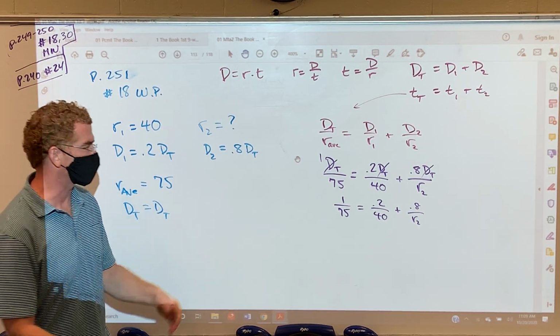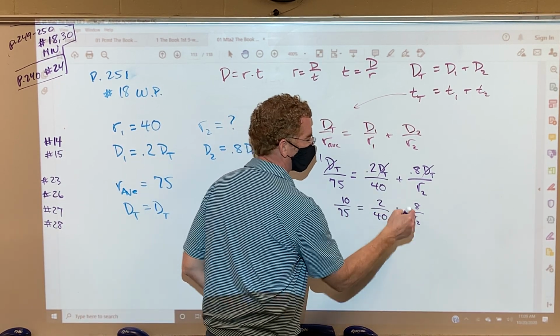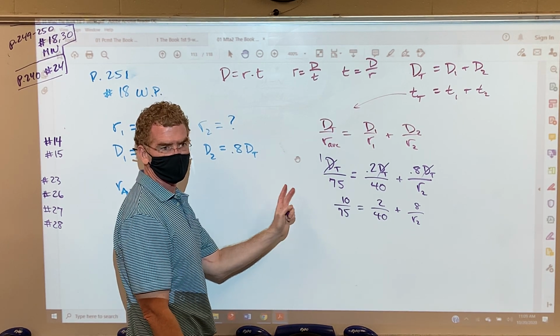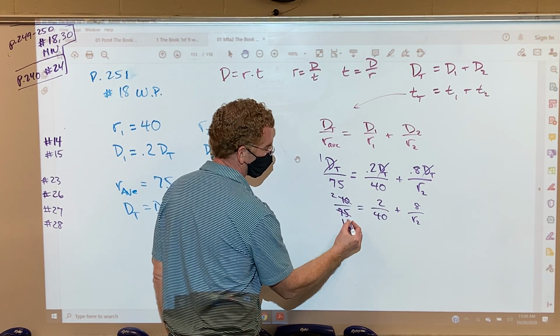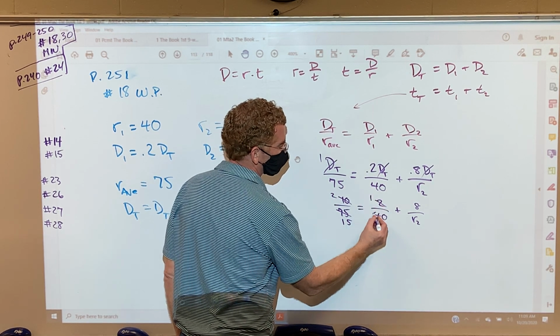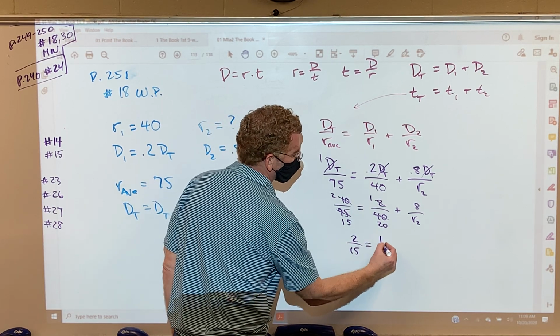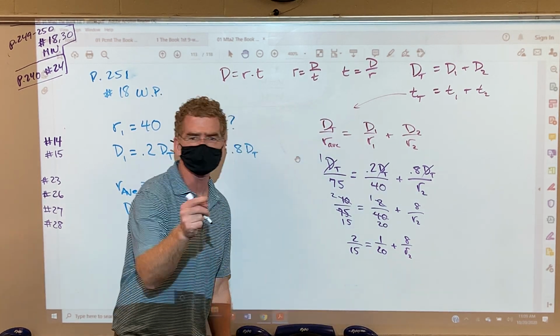Again, I'm not a big fan of that 0.2, so I'm going to multiply by 10, 10, 10. And if I want, at this point, I can even cancel some stuff to make a smaller common denominator. Maybe I can cancel a 5 out, cancel a 2 out. So if I had 2 over 15 equals 1 over 20 plus 8 over R2, what would you do to solve this?